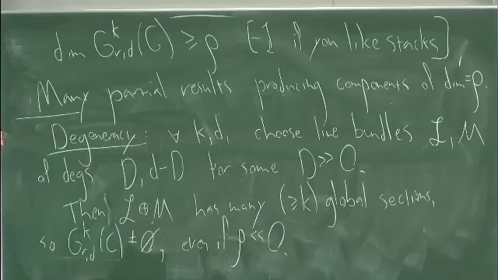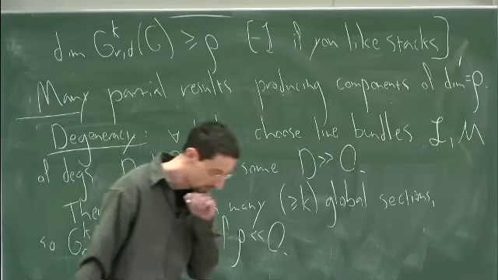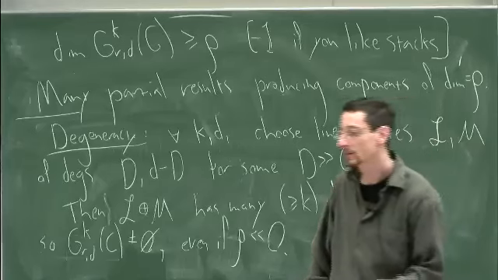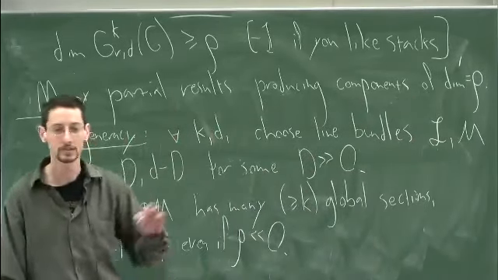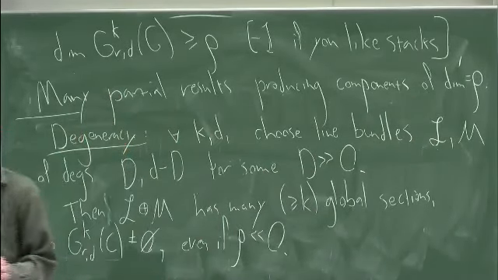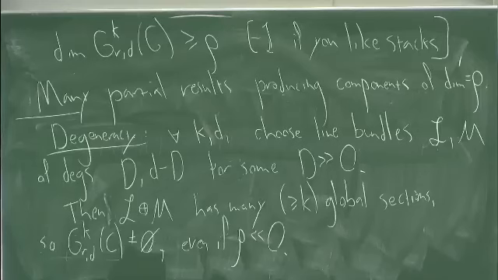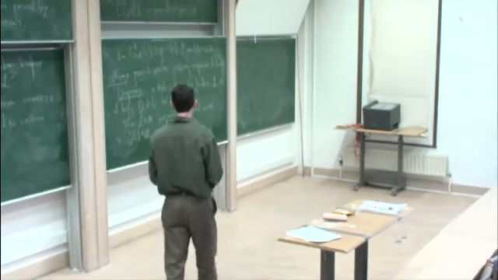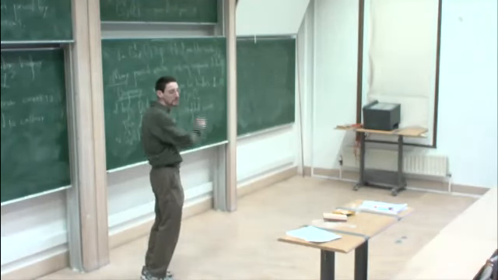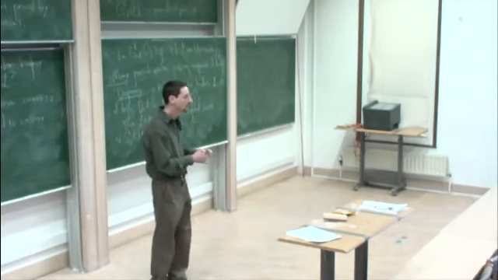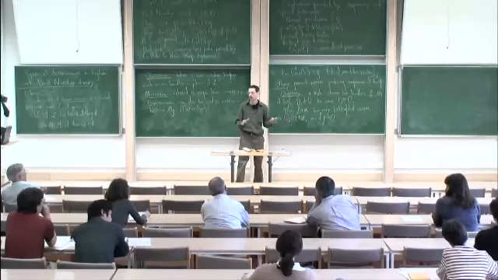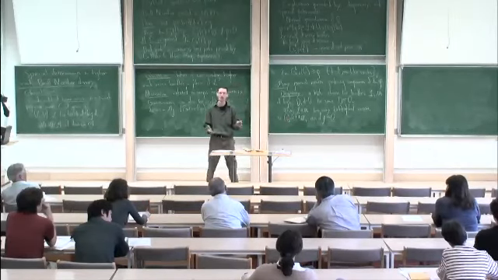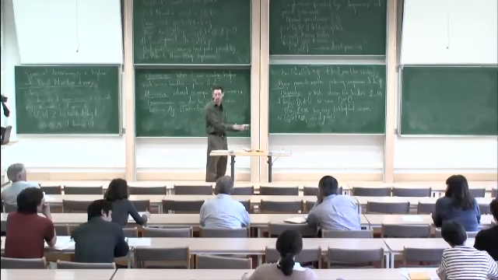Okay, so maybe let me verbally say, I think it's a good idea when you're working with vector bundles to work with moduli stacks rather than the coarse moduli spaces. When you're working with line bundles, the automorphism groups are always the same, so you don't lose very much by passing to the Picard variety. But for vector bundles, unless you're restricting to the stable locus, you get really pathological behavior as soon as the automorphism groups jump dimension, and I think you get much nicer behavior if you work with a stack.